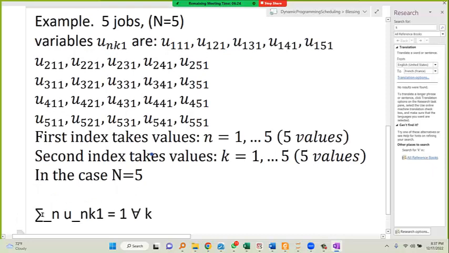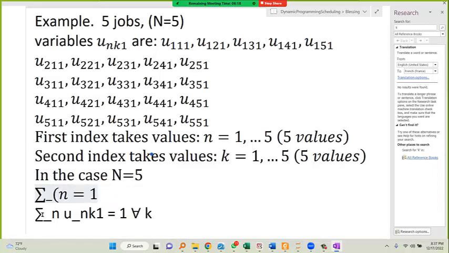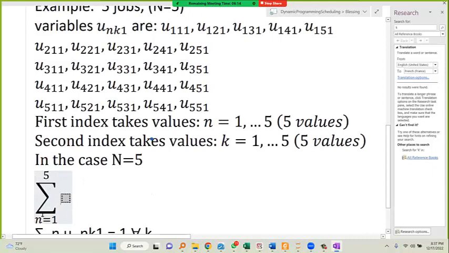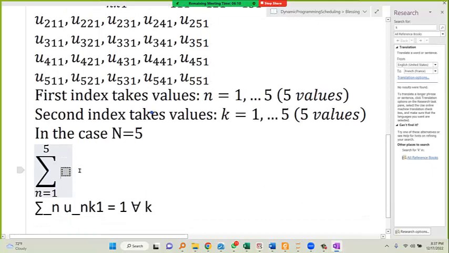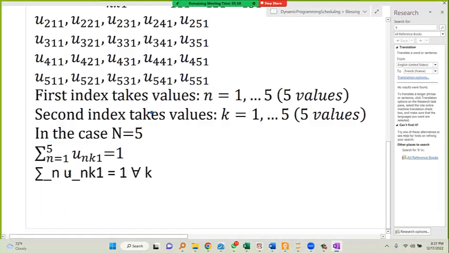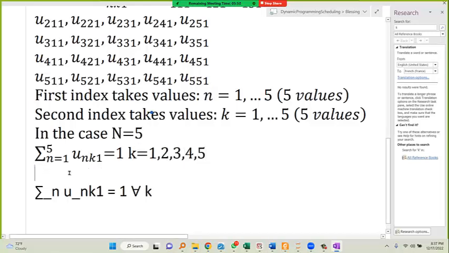So the equation is this way: the sum over n, where n goes from 1 to 5, of u_nk1 is equal to 1, and this is for all k, for k equal to 1, 2, 3, 4, 5.